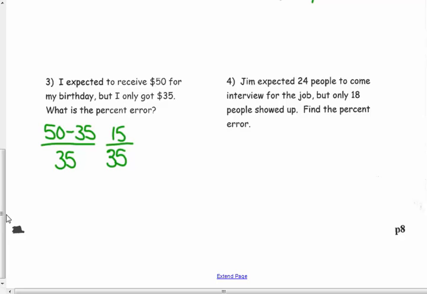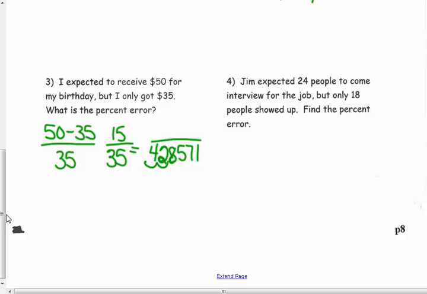15 divided by 35 gives me a repeating decimal. 0.428571. Trying to memorize that repeating decimal. 4, 2, 8, 5, 7, 1. There we go. Yes, this is a repeating decimal when you get that. Well, we've only got to move it over 2.